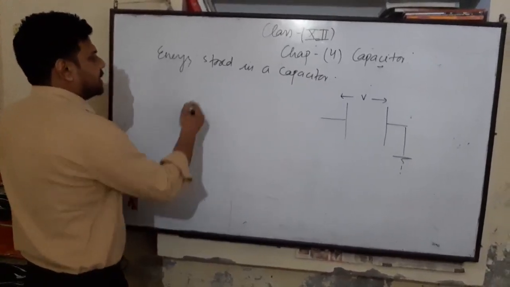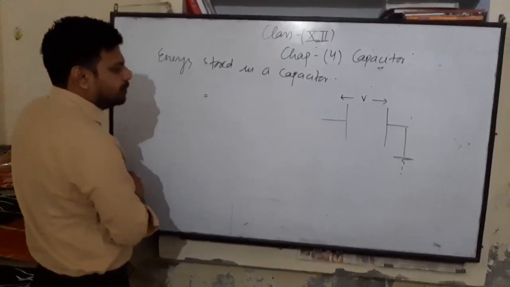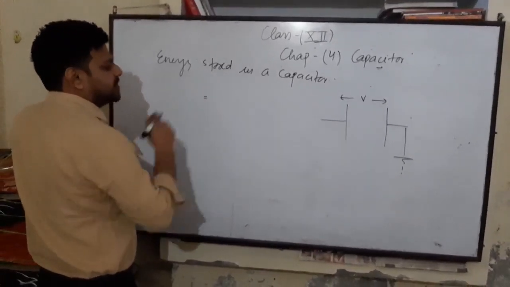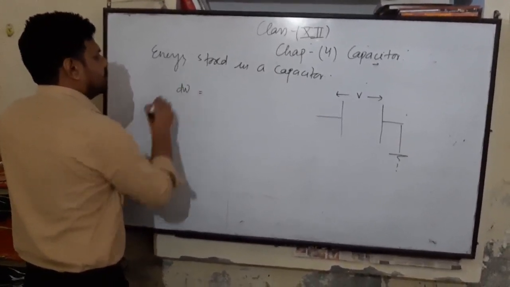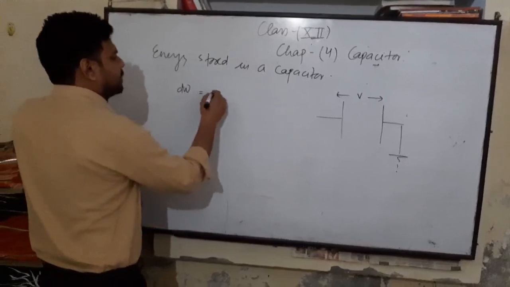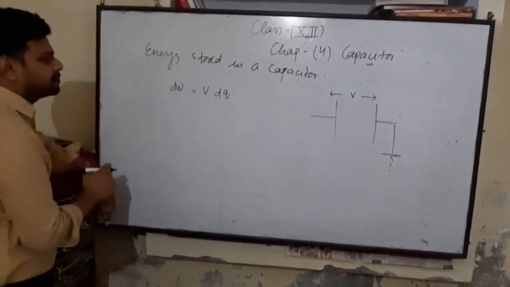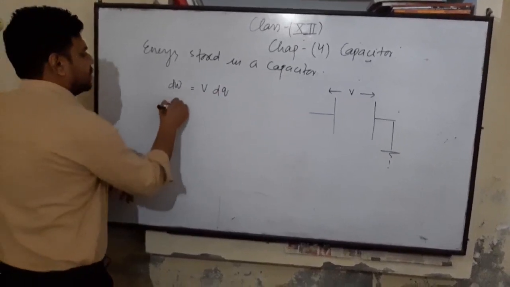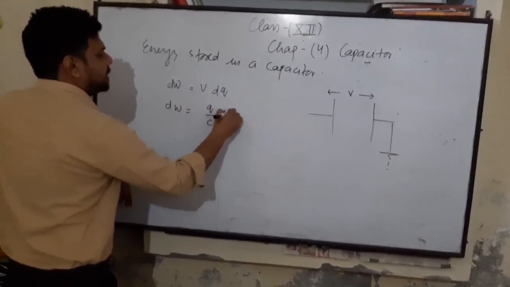So initially a small charge dq is given to this capacitor. So the small work done dw is given by V dq. dw is equal to q over C dq.